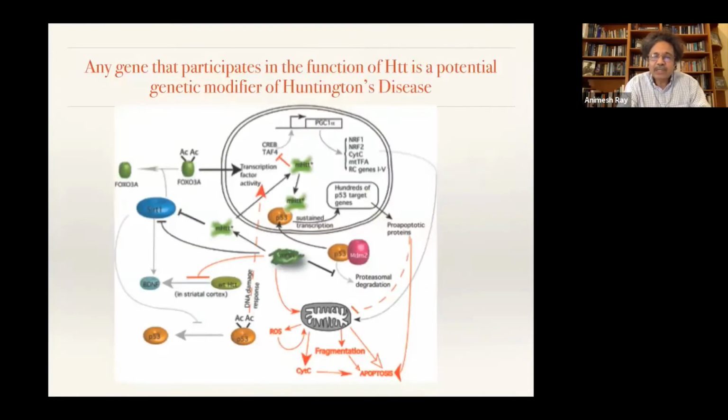And when we look at the molecular mechanisms, and I will not go through this, this is only to impress upon you that it's complicated, all kinds of things happen.